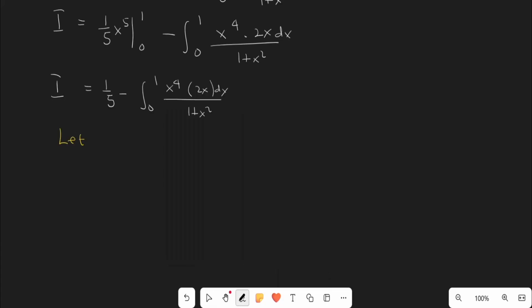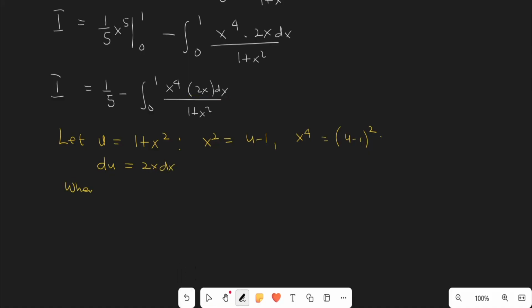We can let u be equal to the denominator 1 plus x squared, right? So in that case, x squared is going to be u minus 1, and x raised to the power 4 is going to be u minus 1 squared. And then what about the change in limits? Here du is going to be 2x dx. So in place of 2x dx, I'm going to replace that with du.